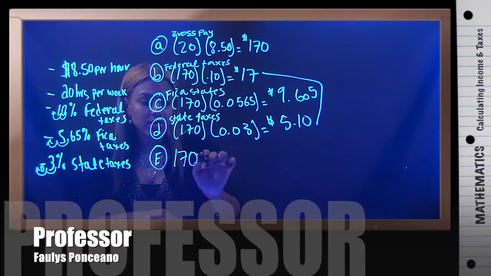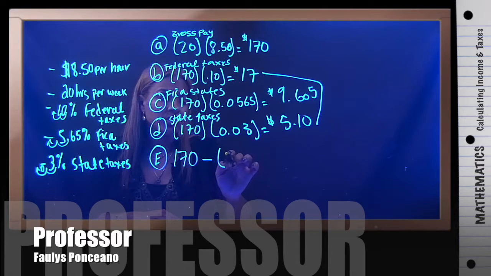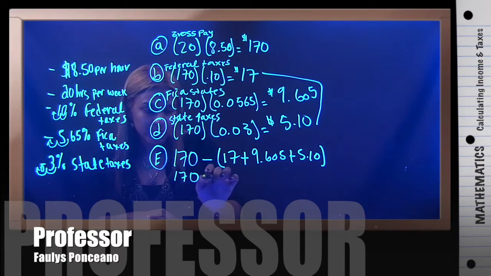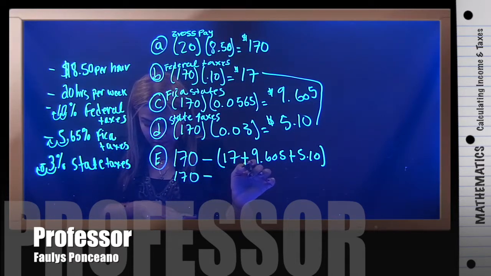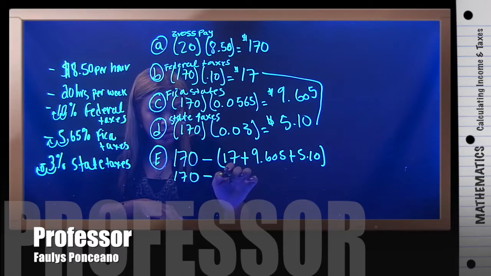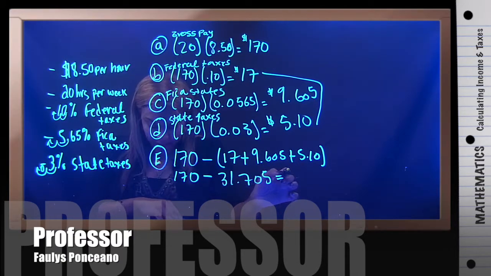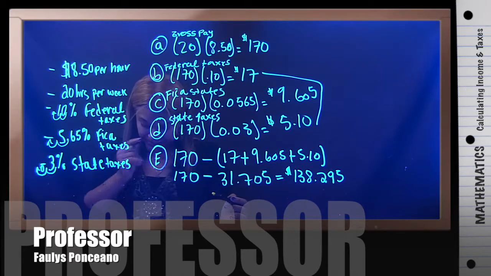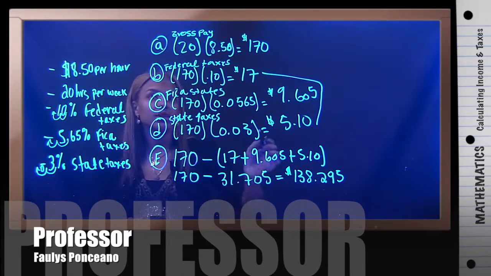So you can write it like this: minus federal taxes plus FICA plus state. Once you add all that, you get 31.705. Subtract that and you get 138.295. And that's for question E.